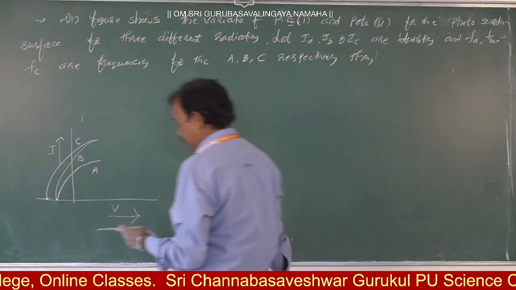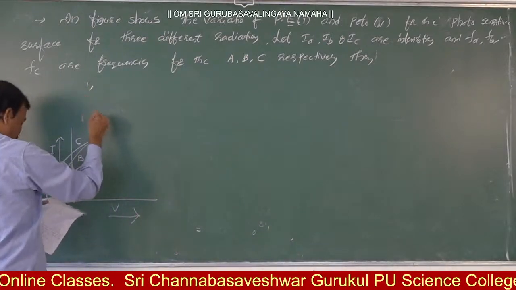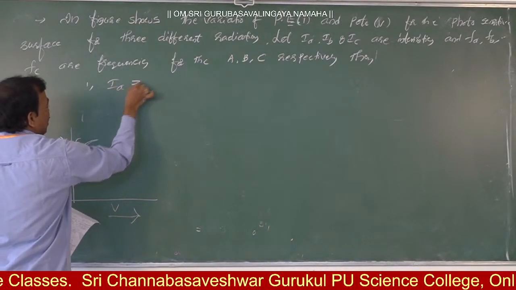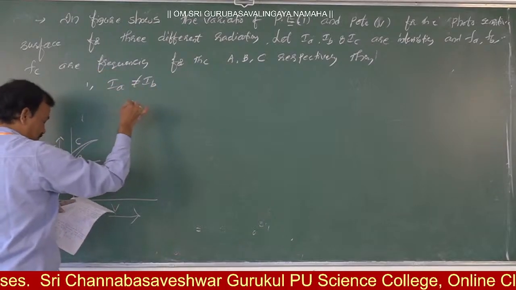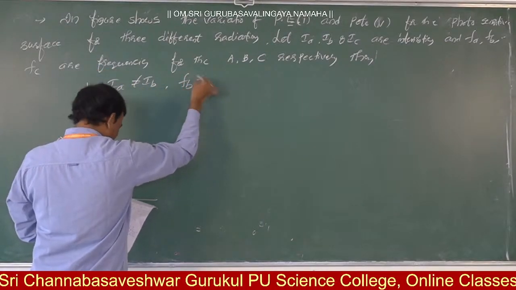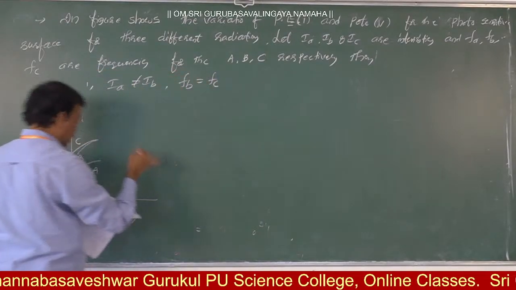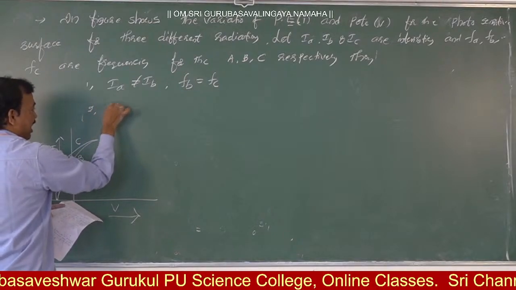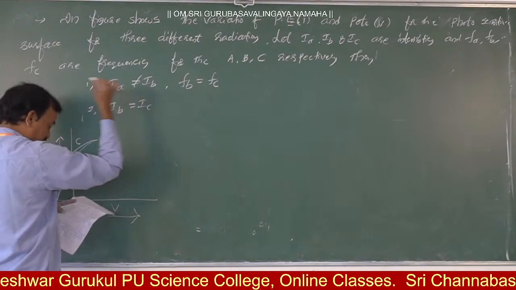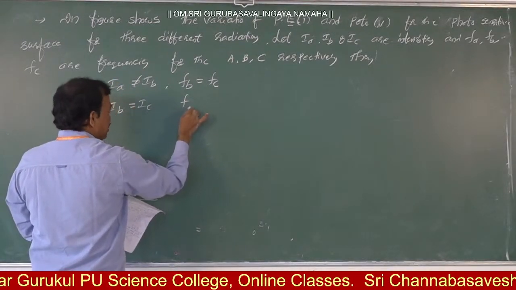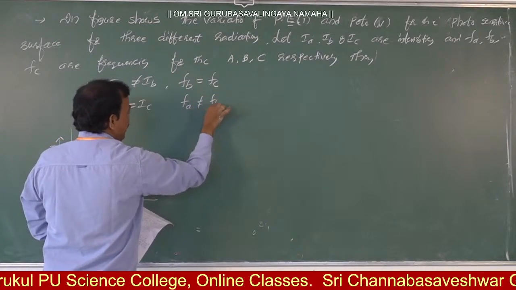Where the first option: IA is not equal to IB, FB is equal to FC. Second: IB is equal to IC, FA is not equal to FB.